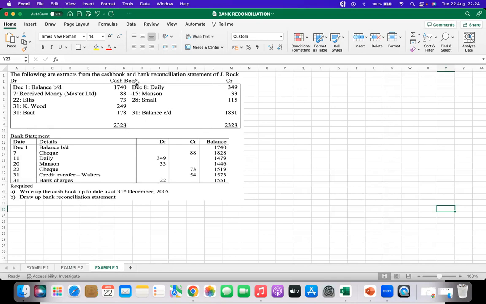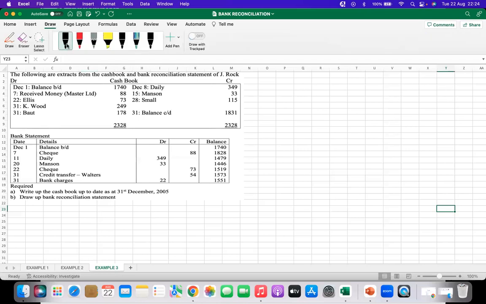The first step when you have been given cash book and bank statement is to cancel out the values. We tick the values that appear on both sides.